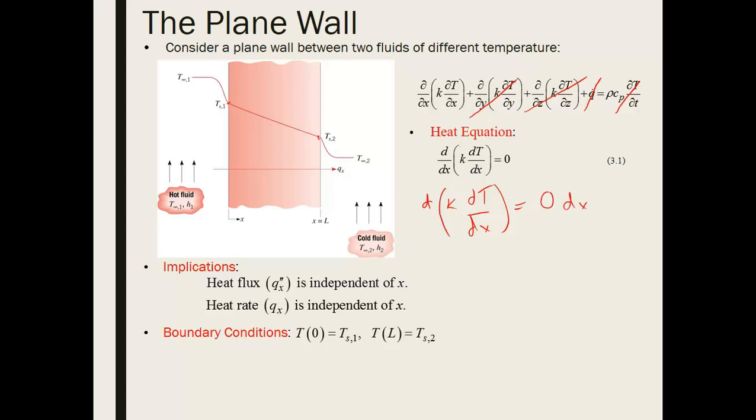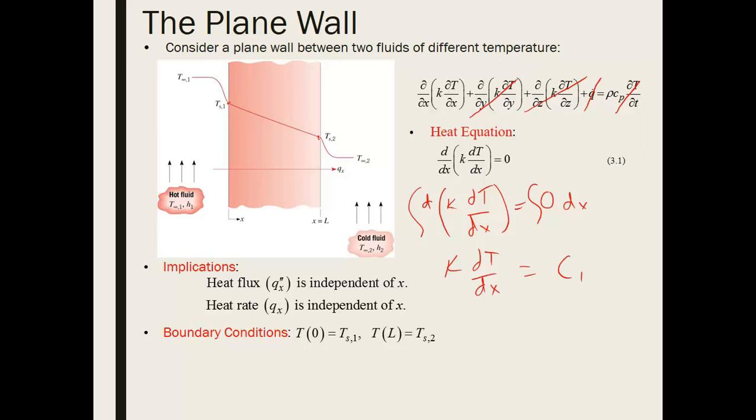We just move the dx over to the right-hand side by multiplying both sides by dx. So then if we were to integrate both sides, we would get the conductivity times dT/dx is equal to just a constant of integration. Let's call that C1.